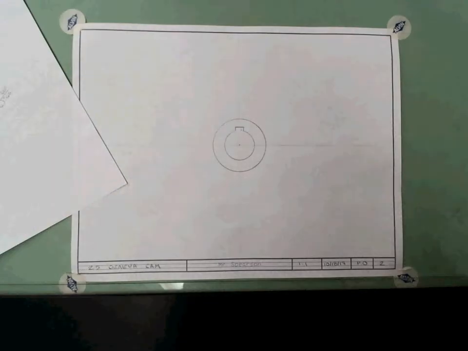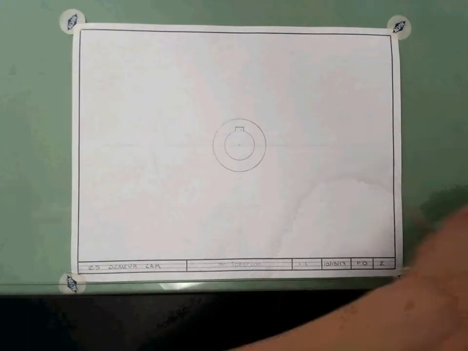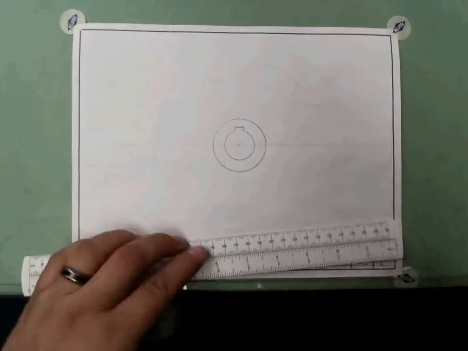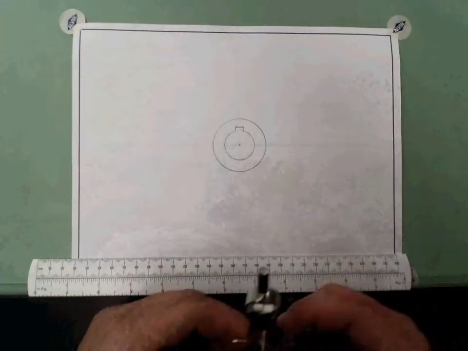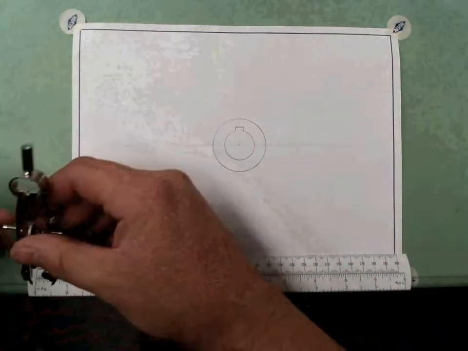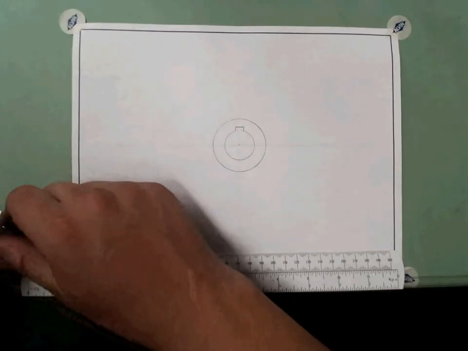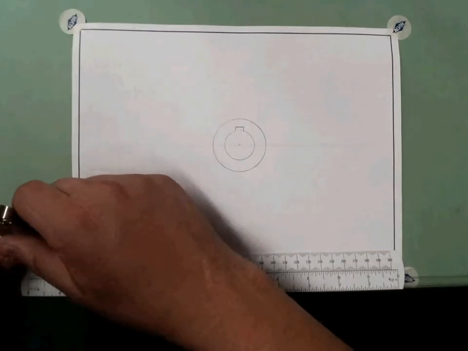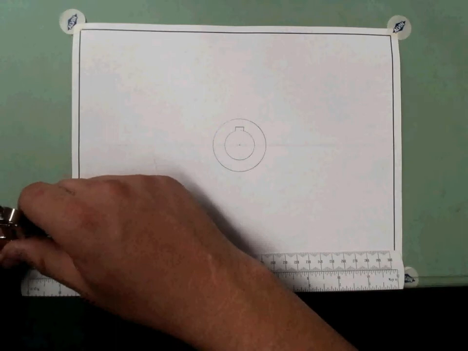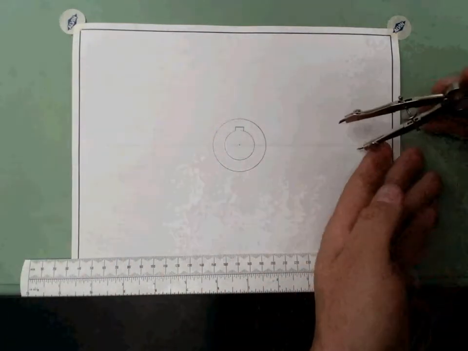Now let's go ahead. Let's set our compass to our 32. So here we are. Remember, I can darken this now at this point. Okay, everything's looking good.